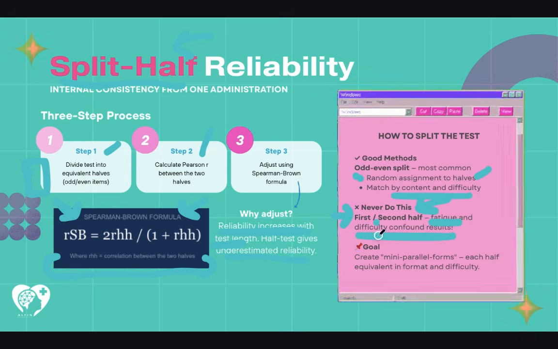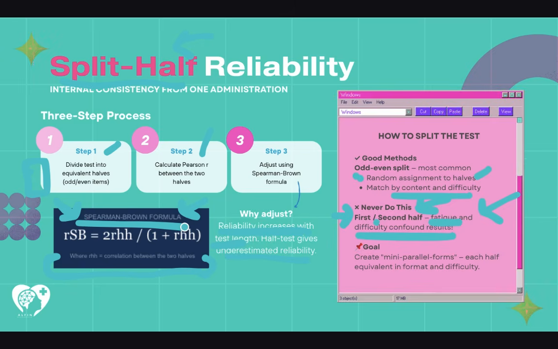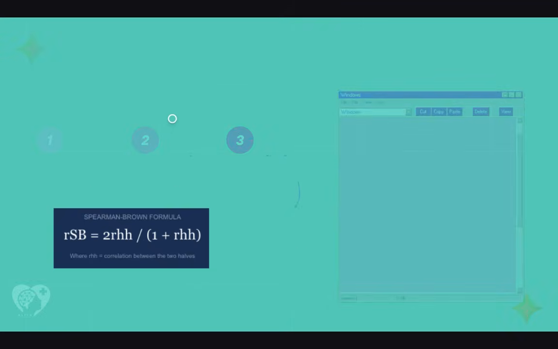So what they do is use the Spearman-Brown formula to get the estimate. But again, do not obsess over the formula and whatnot. What is important is that you understand what it is used for. Why do we use Spearman-Brown, right?